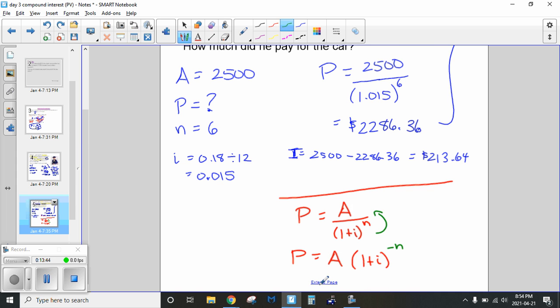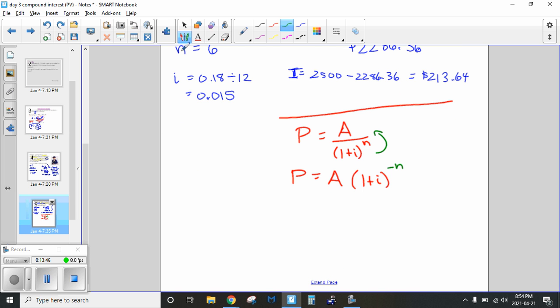So I'm going to show you what that looks like for this question. The final amount of money was 2,500. The interest rate was 1.015 raised to the exponent negative 6. That's a little bit nicer to type in a calculator. It's a little bit nicer to write on your page instead of fractions.